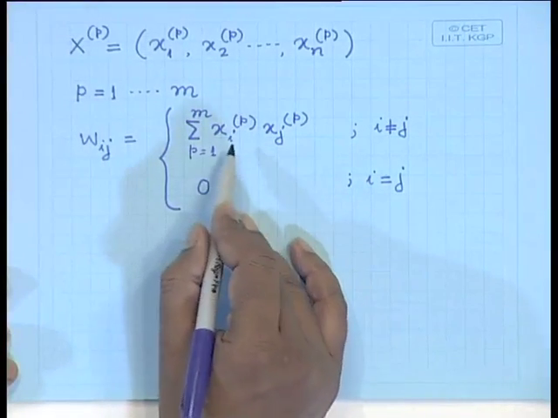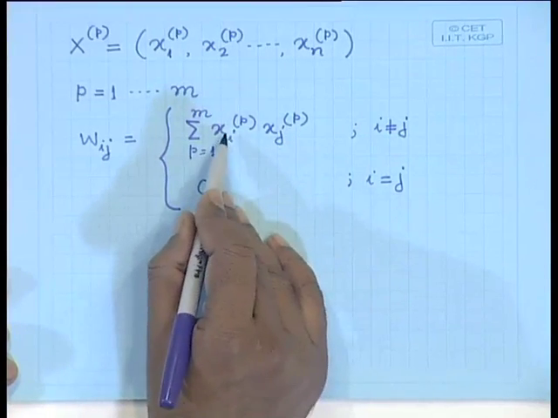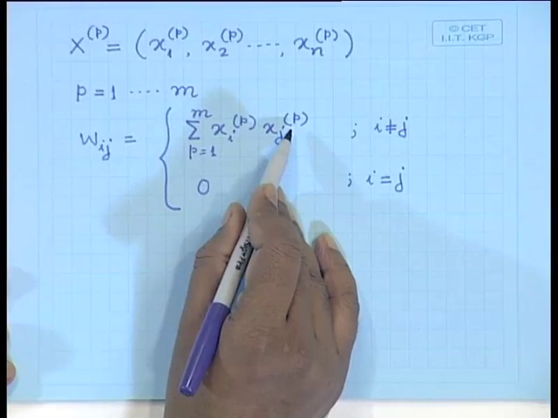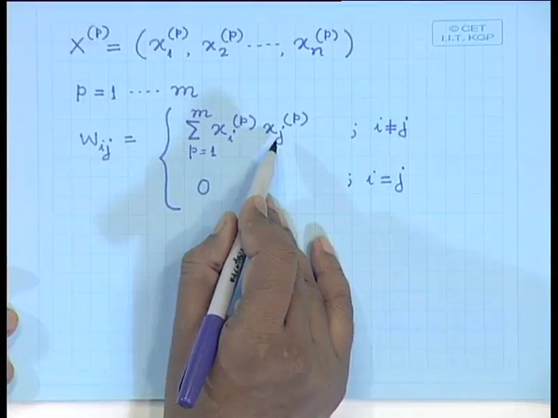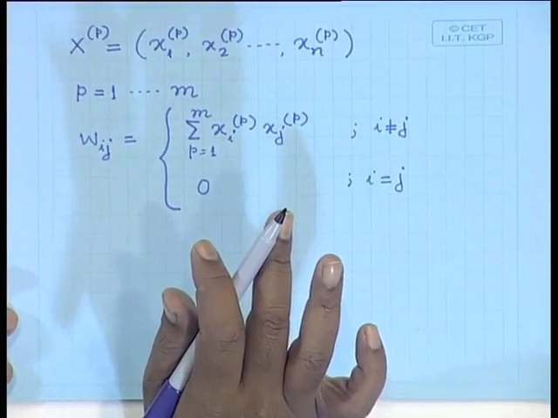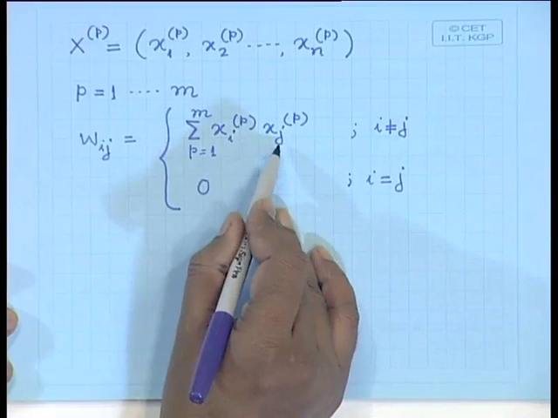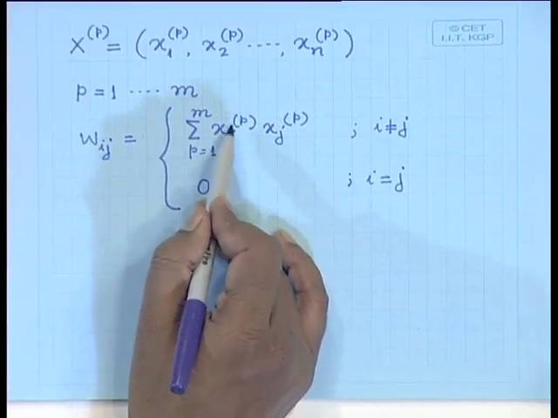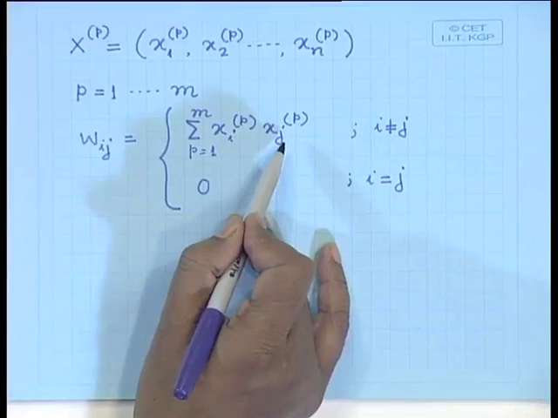And from here, you find that in this term xip into xjp, both these components are coming from the same feature vector p. And the feature vectors are binary feature vectors having values +1 or -1. So, this simply says that if xip and xjp are the same, both positive or both negative, then this term will be equal to +1. If one of them is positive and the other one is negative, then this term will be -1.